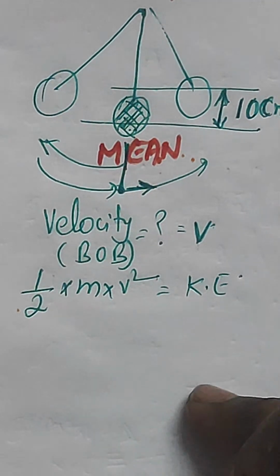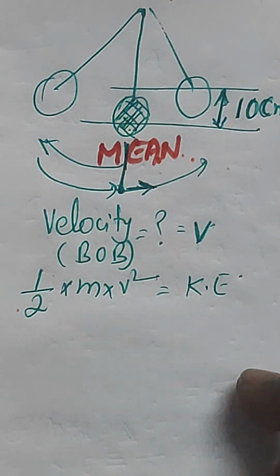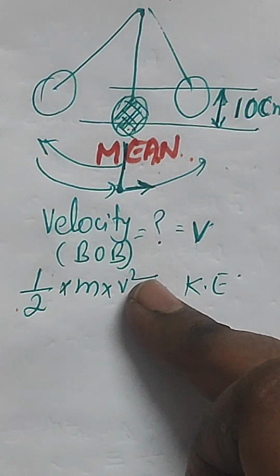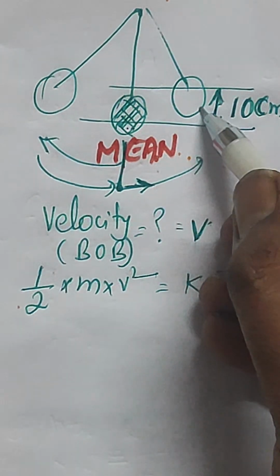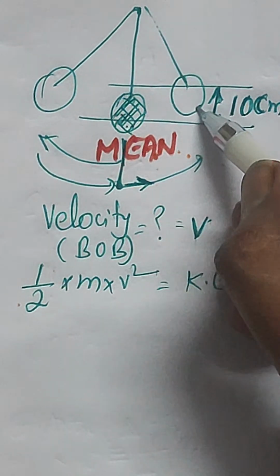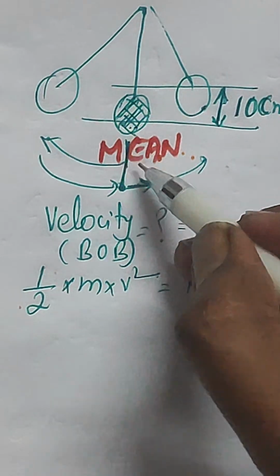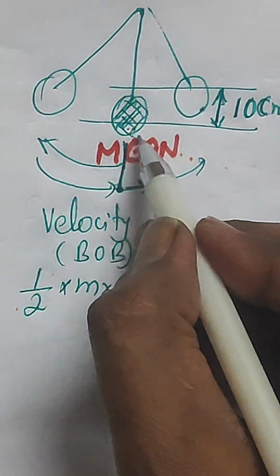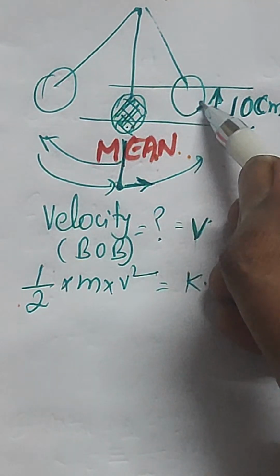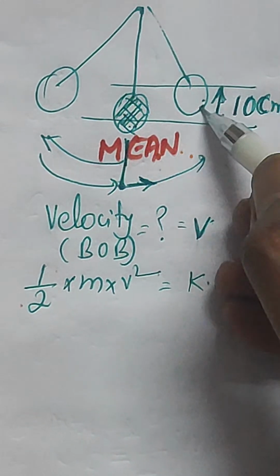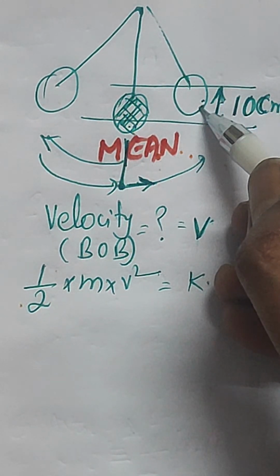Now you can see this kinetic energy will be equal to the potential energy at this point, because at this point there will be no velocity of the bob. Because the bob is going to the right and reaching this top, and the velocity of the bob finishes over here.